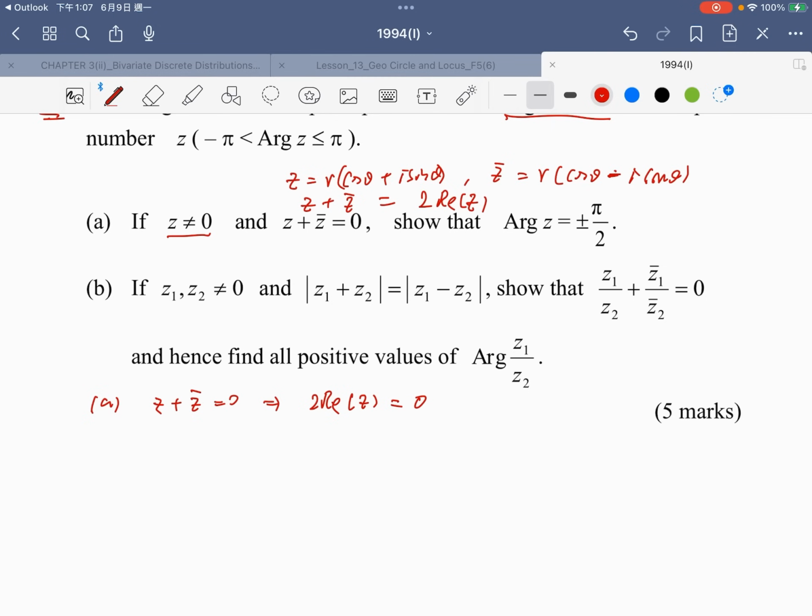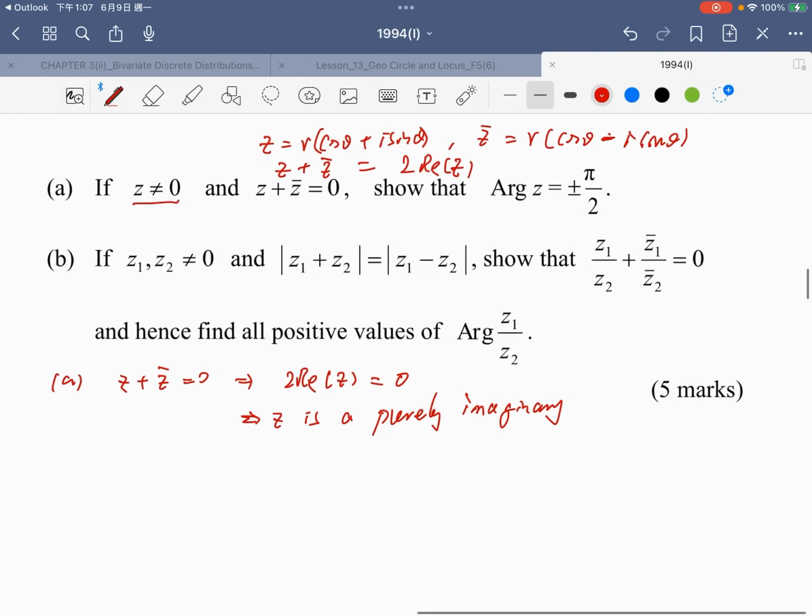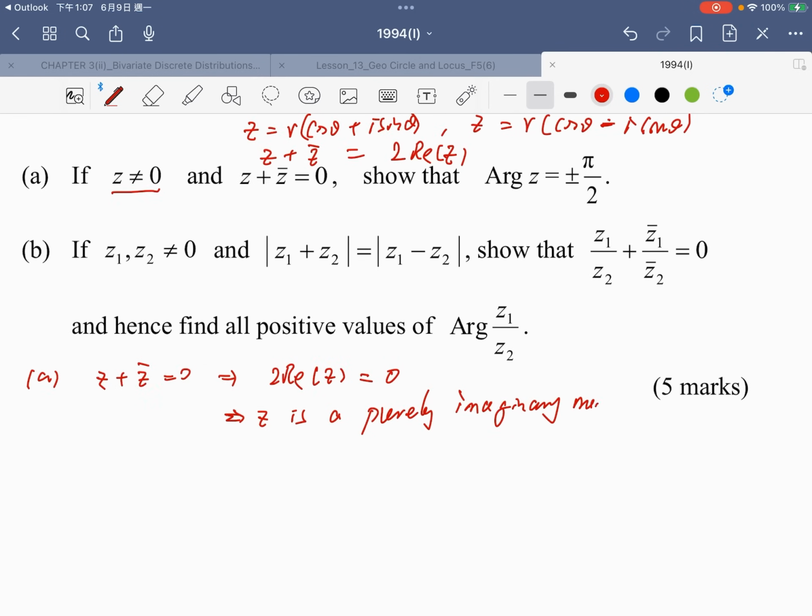If that real part is 0, that means z is purely imaginary number, a purely imaginary number.